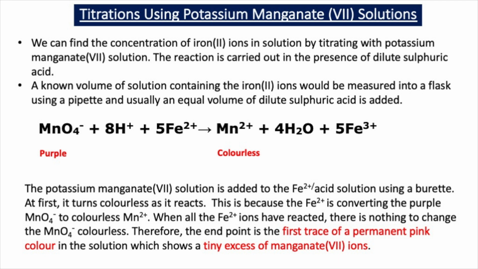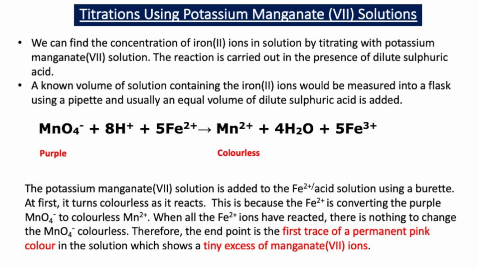The reaction would be carried out in the presence of dilute sulfuric acid. A known volume of solution containing the Fe2+ ions would be measured into a conical flask using a pipette, and usually an equal volume of dilute sulfuric acid would be added. This doesn't have to be added using a pipette, you can use a measuring cylinder for this.